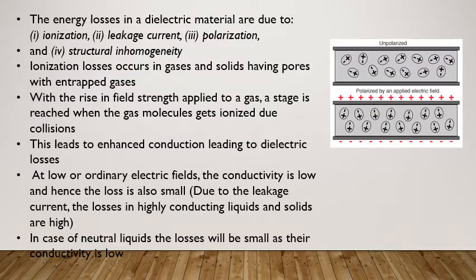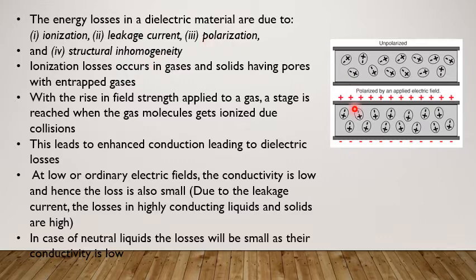There are some reasons for dielectric loss or energy loss in dielectric materials. It may be due to ionization. It will be discussed later how ionization takes place. It may be due to leakage current. Leakage current is unwanted flow of current from the negative plate to the positive plate, and polarization and structural inhomogeneity.